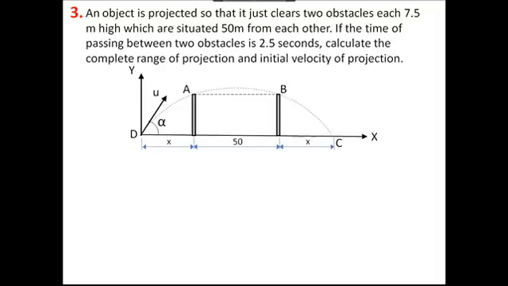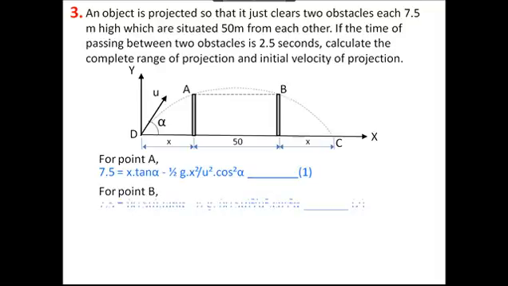So what we do, for point A, I can write the path equation: y is equal to x tan alpha minus half g x square upon u square cos square alpha, where we can put y as 7.5. Again at B also I can write y as 7.5, with the same equation, but this time x will be x plus 50.